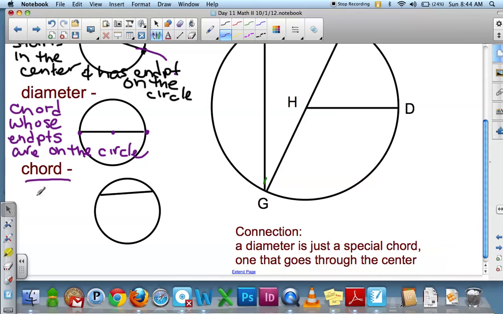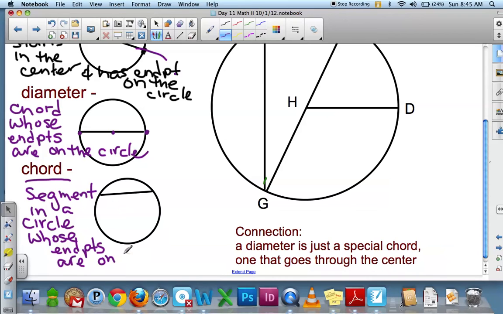A chord is just a segment in a circle whose endpoints are on the circle. We can have all different types of chords, and we'll talk further about those in the coming section.